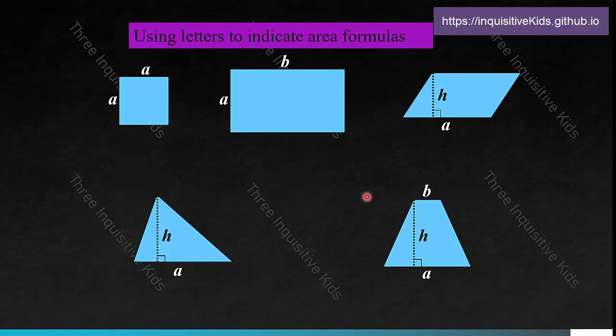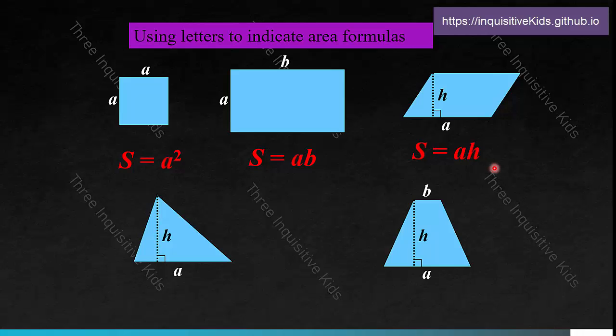So, as I just mentioned, we can use variables to indicate areas. For example, if we want to get the area of a square, the answer would be A squared, because it's the same value multiplying itself 2 times. So that's A times A, or A squared. And then for the rectangle, AB. This is going to be the width and the length.